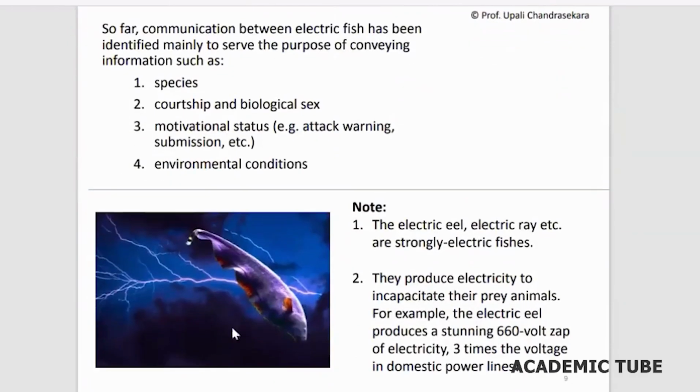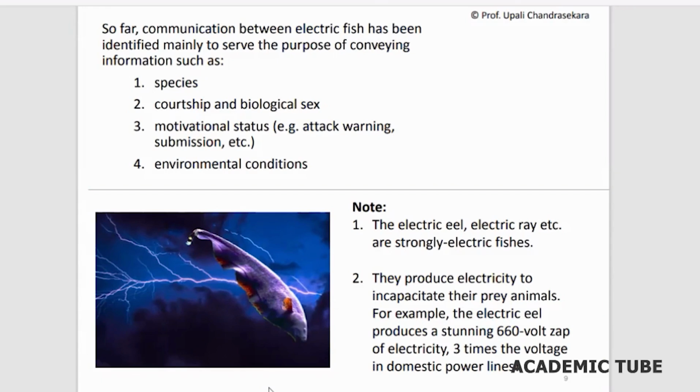So this is the example that I told you earlier. Now this is an electric eel. Now this electric eel produces a huge, instant electric current where the voltage is about 660, right? That is 3 times the power of the domestic power line.